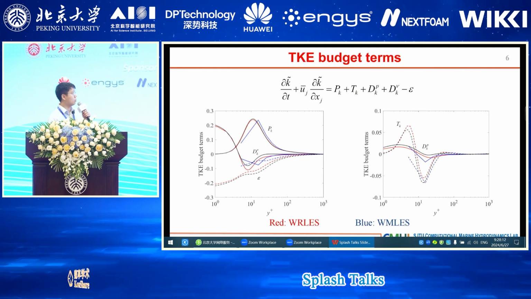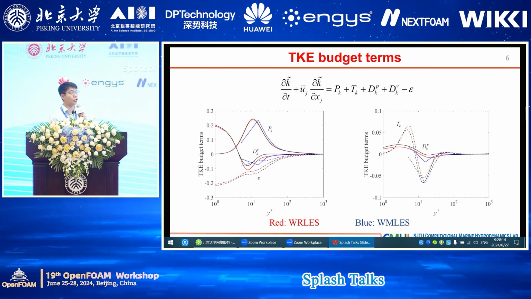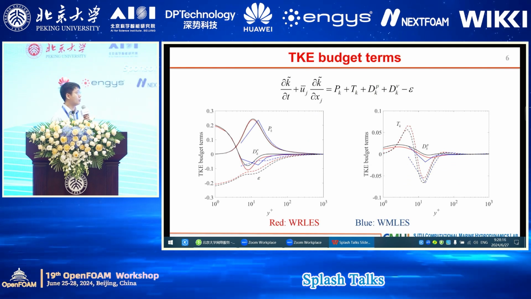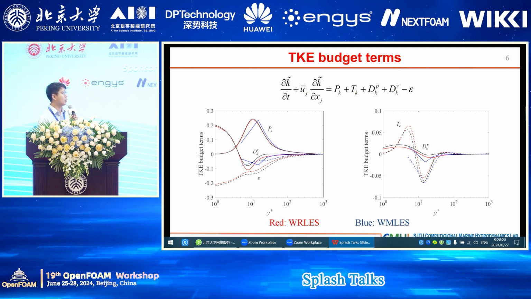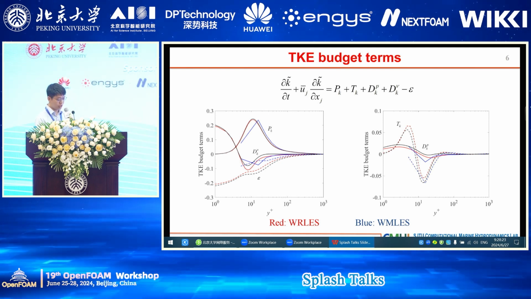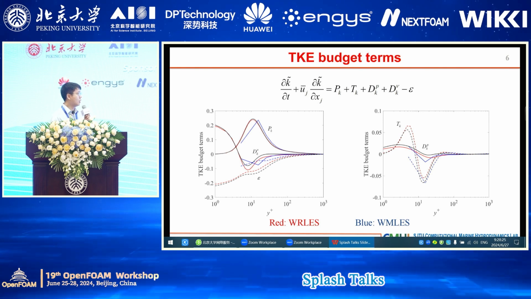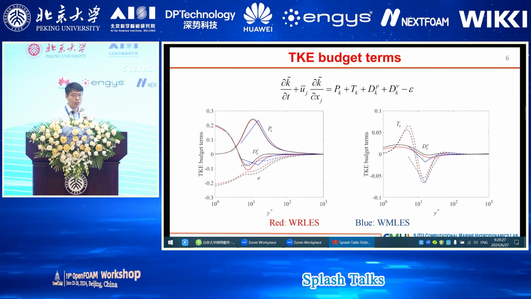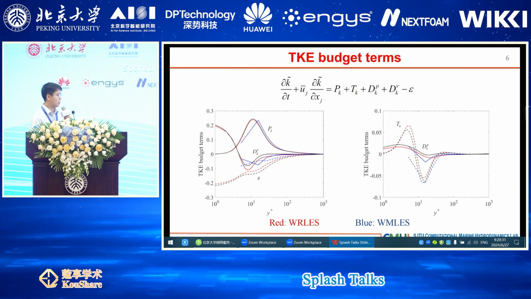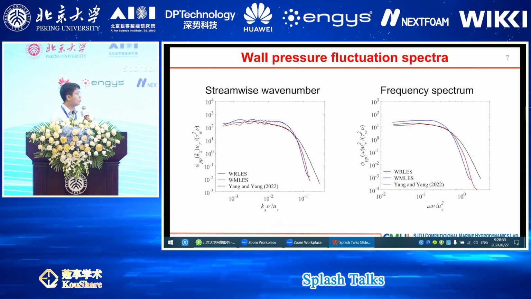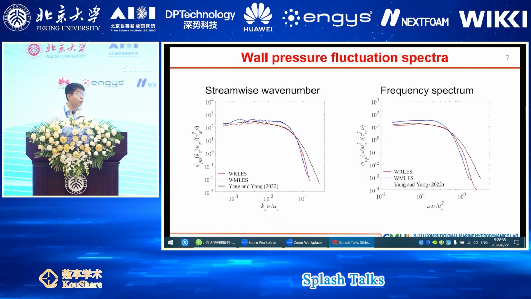We have also compared the TKE budget terms, such as the production term, the transport term, and the dissipation term, and we can see that in the log layer region the result is not bad. We also compare the fluctuations.